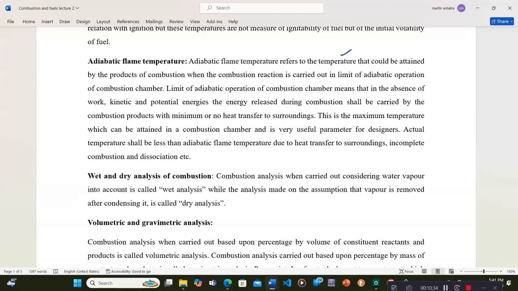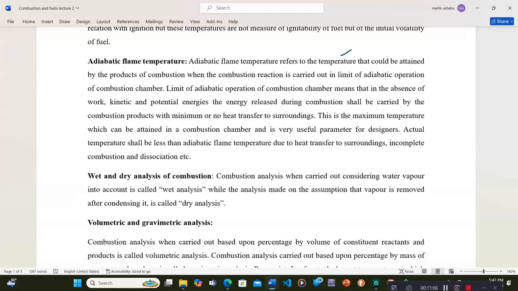The energy released during combustion is carried by the combustion products with minimum or no heat transfer to the surroundings. In other words, when combustion takes place in a combustion chamber, for example in an internal combustion engine, this adiabatic flame temperature is the temperature attained when you have no heat transfer to the surroundings.